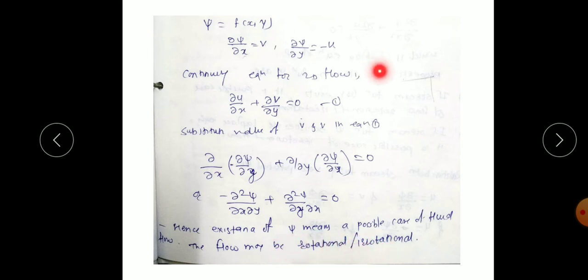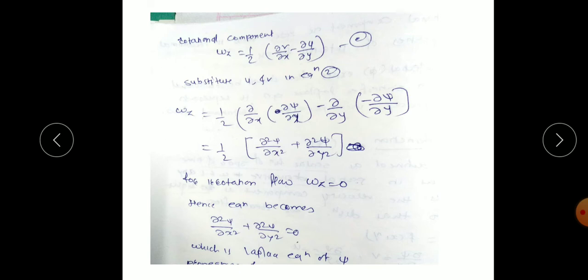So we have assumed the flow is existing, means there is a flow. If that equation is satisfied, that means there is a possible case of flow, and the flow may be rotational or irrotational. That may be both two possibilities. So we have to find out its rotational component.